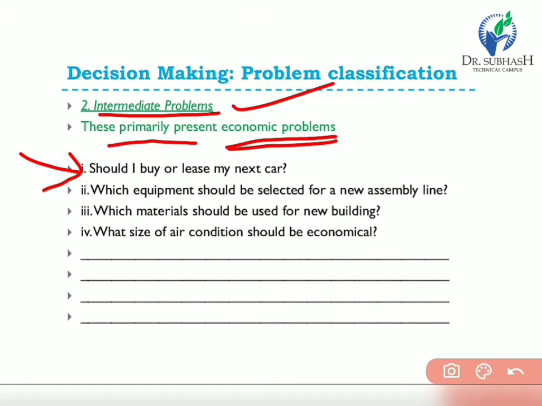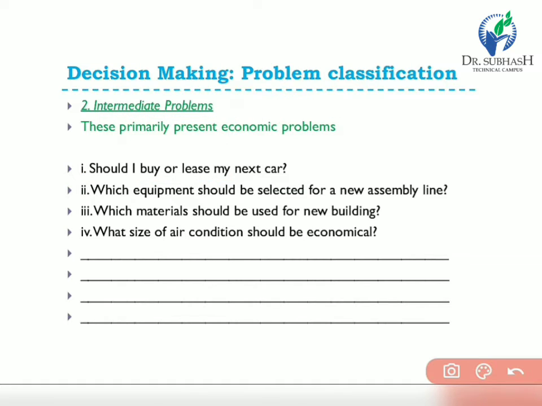First example is, should I buy a car or lease my next car? Simply, if we use a car and it is outdated, there are two options: can we buy a new car or do we use the old one? So here economy or money is involved, so it is known as an intermediate problem.